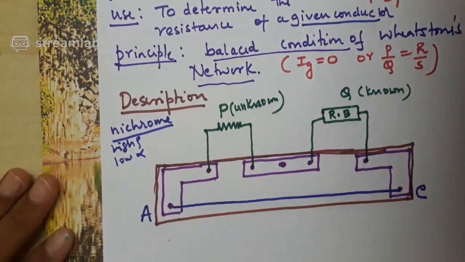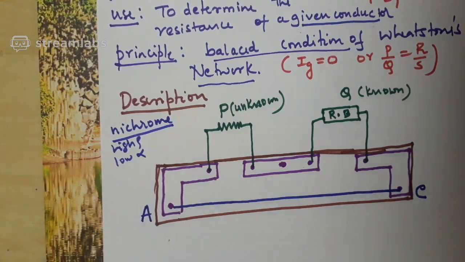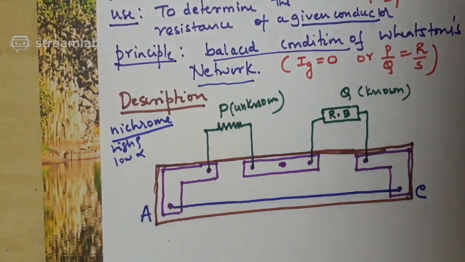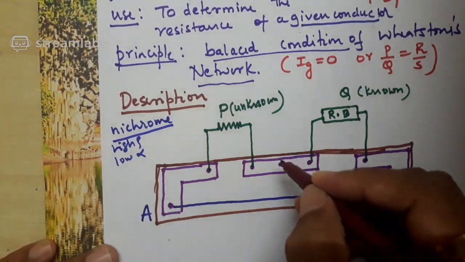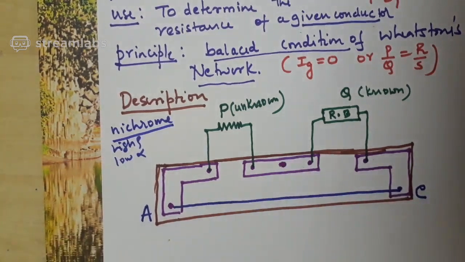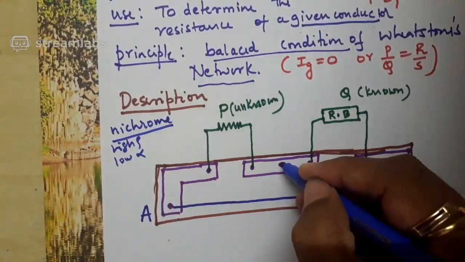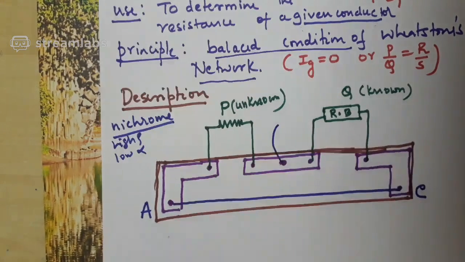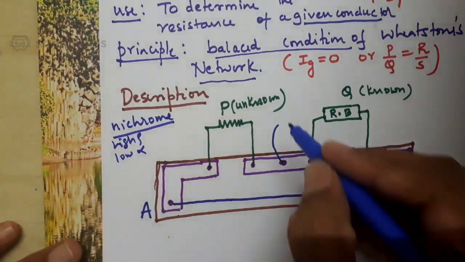Then the next connection is from this middle terminal. From this particular terminal, take one copper wire and that copper wire should be connected to the galvanometer.